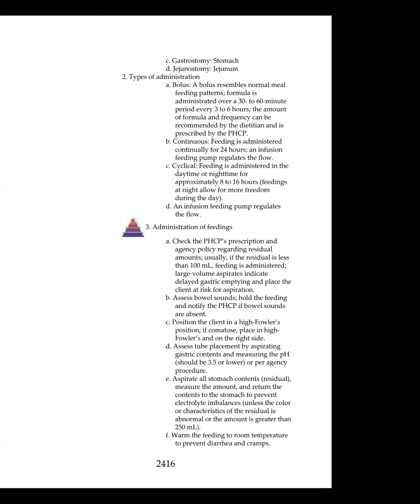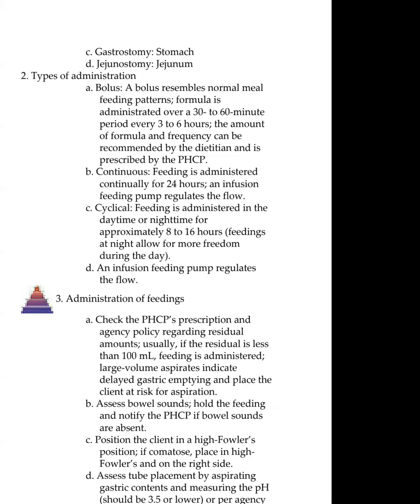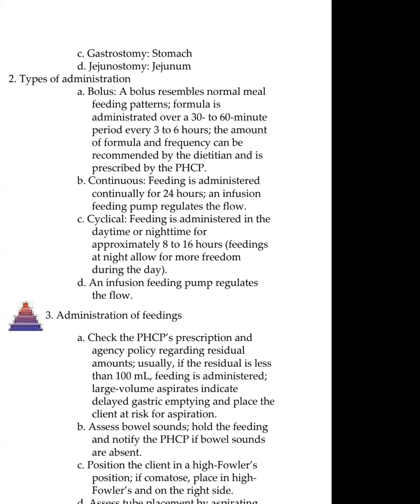Types of administration. Bolus is very common. A bolus resembles a normal meal feeding pattern. Formula is administered over a 30 to 60 minute period every 3 to 6 hours.